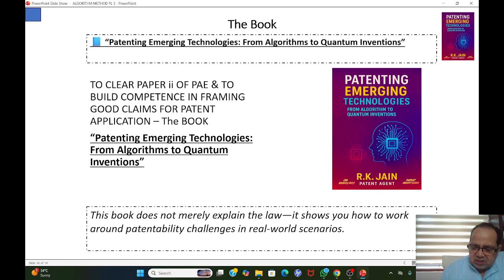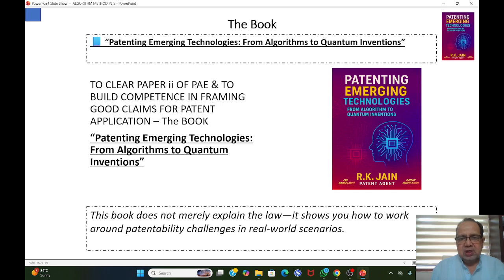It basically takes up multiple inventions on specific technologies, stretching from algorithm, blockchain inventions, quantum inventions, mathematical methods, and solves them thoroughly by examining the inventions based on these specific technologies.